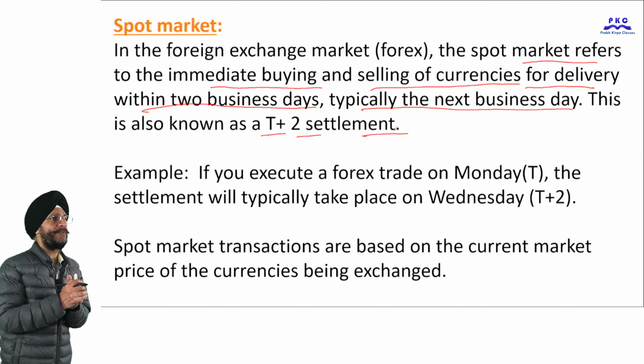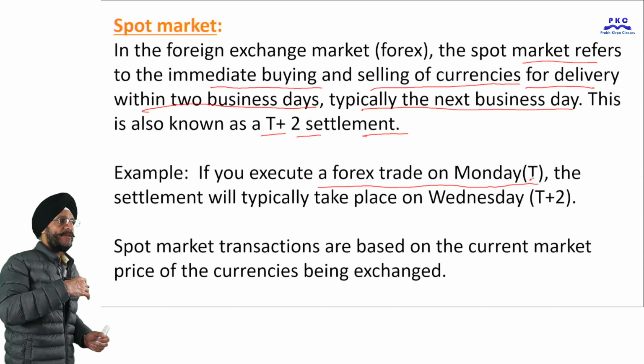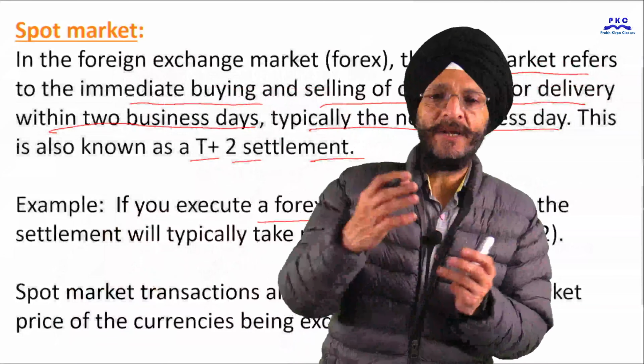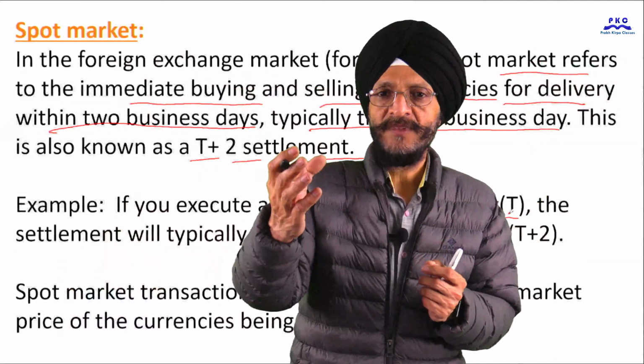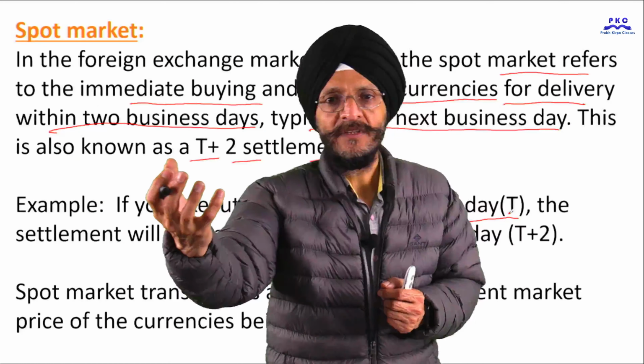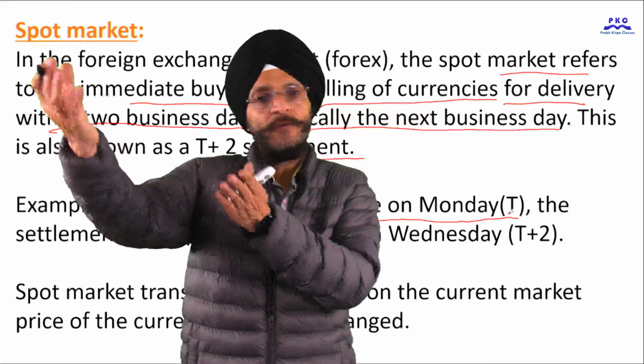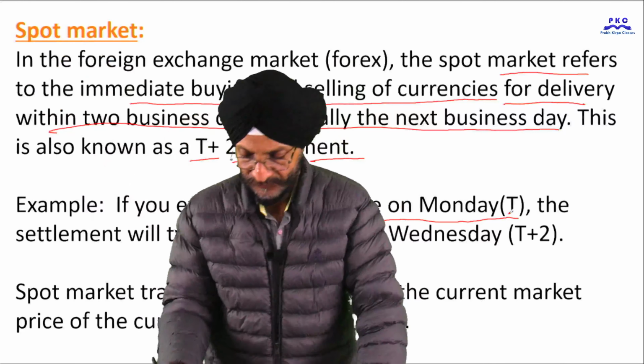What is the meaning of T? T means if you execute a foreign trade on Monday, that is, you have entered into an agreement and placed the order today for buying another currency. Suppose today is Monday and I have placed the order for buying the currency.